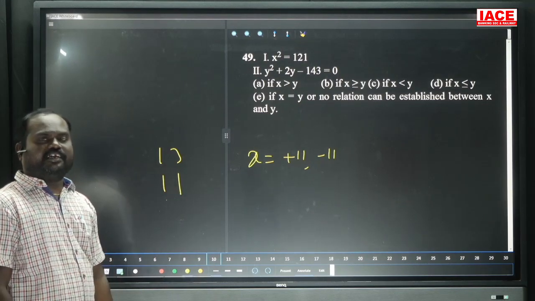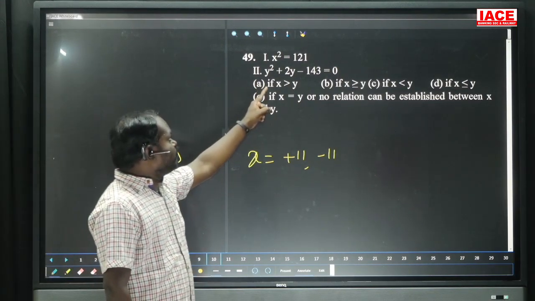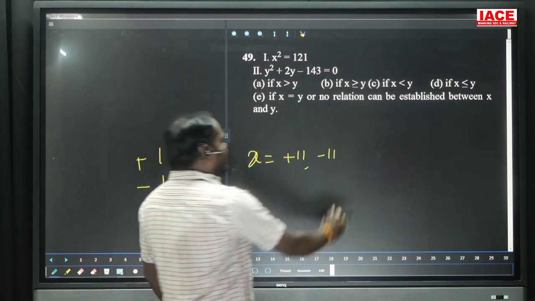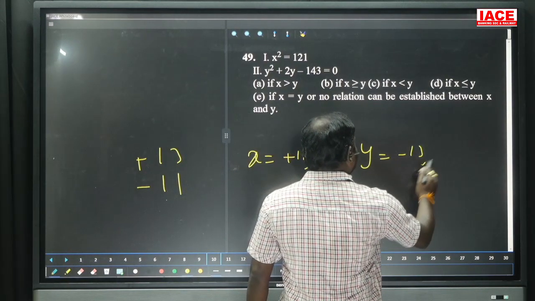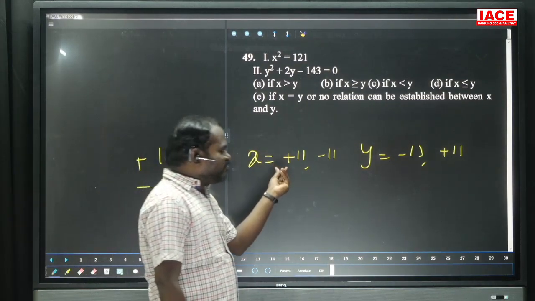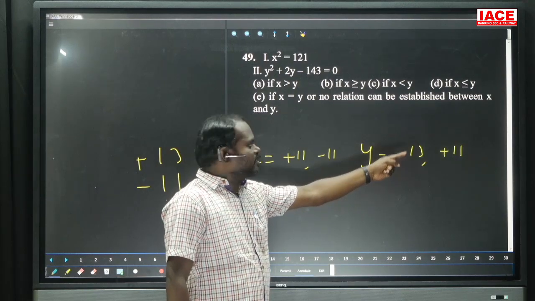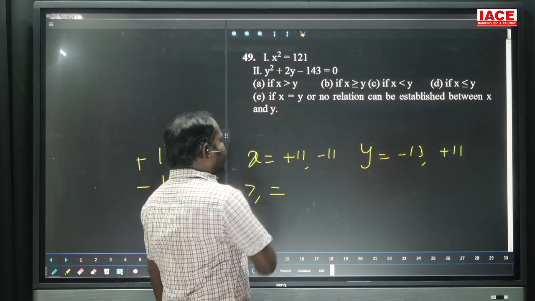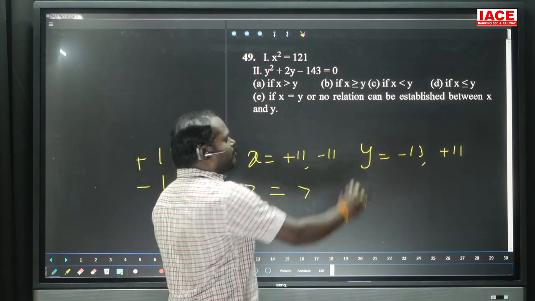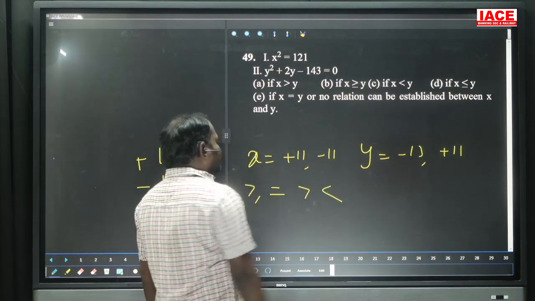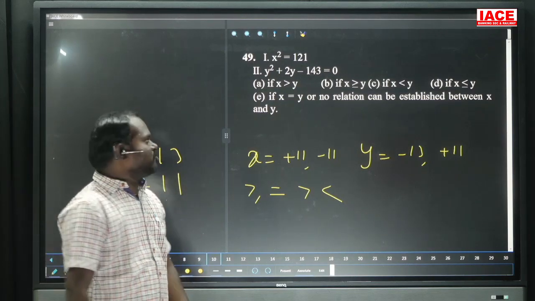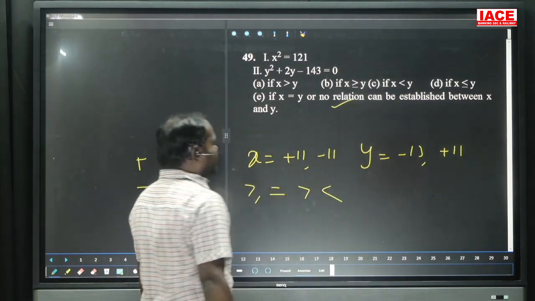Since we have to get plus 2, one should be plus and the other minus, so y equals minus 13 or plus 11. Compared to these, plus 11 is equal and greater, while minus 11 is greater than minus 13 but lesser than 11. So both greater and lesser symbols occur, and the relation cannot be established. That is option E, no relation.